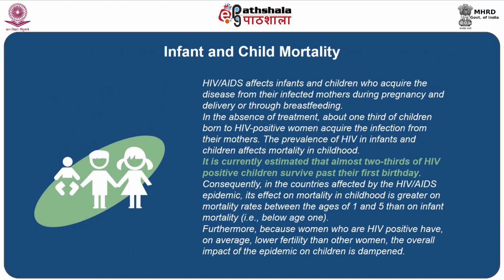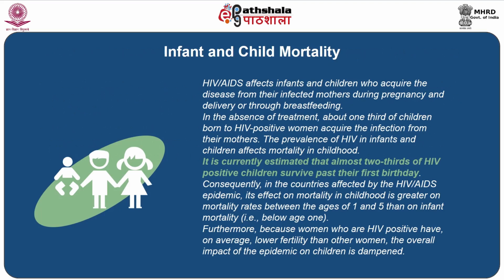HIV/AIDS affects infants and children who acquire the disease from their infected mothers during pregnancy and delivery or through breastfeeding. In the absence of treatment, about 1/3 of the children born to HIV-positive women acquire the infection from their mothers. The prevalence of HIV in infants and children affects mortality in childhood.